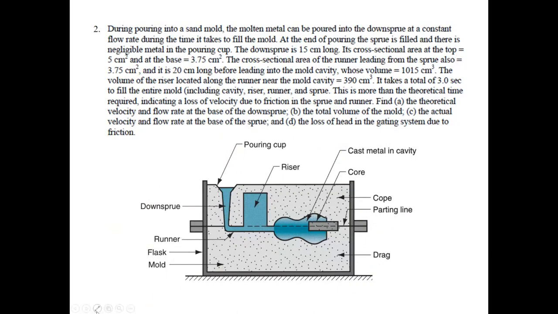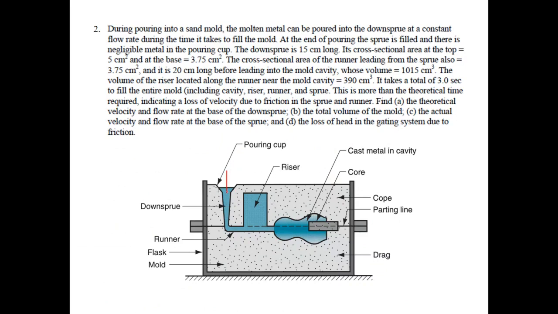This is another example of a mold system, and in this, what we have is actually a problem about casting, all the dimensions, everything is given. Let's read the statement of the problem. During pouring into a sand mold, the molten metal can be poured into the down sprue at a constant flow rate during the time it takes to fill the mold.